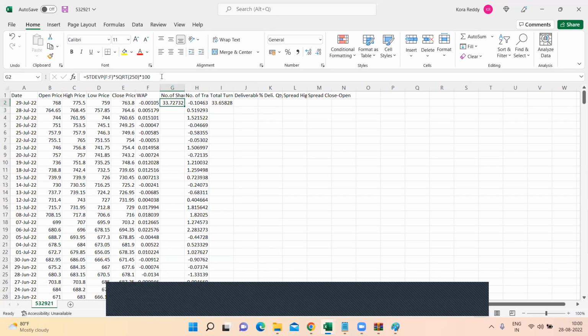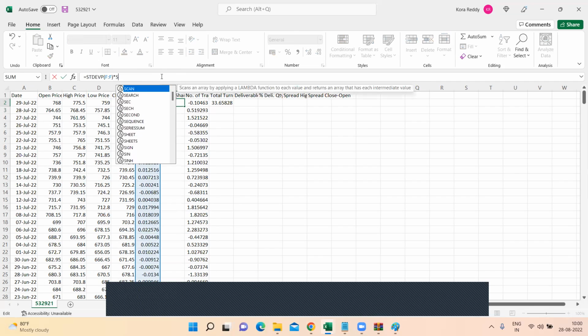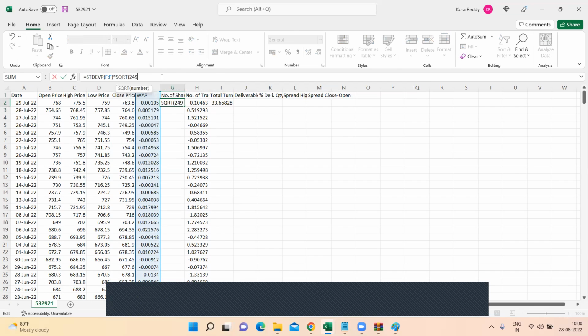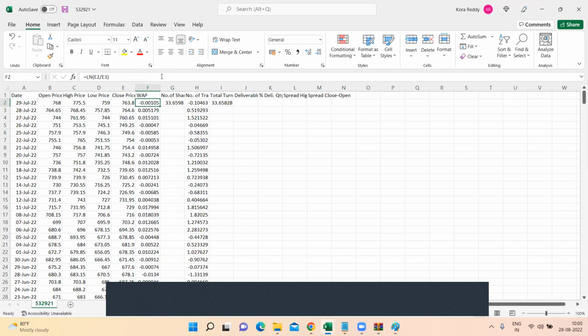I'm getting 33%, whereas he's getting 90. I'm not sure where I'm going wrong, but this is the close price and long change and standard deviation.